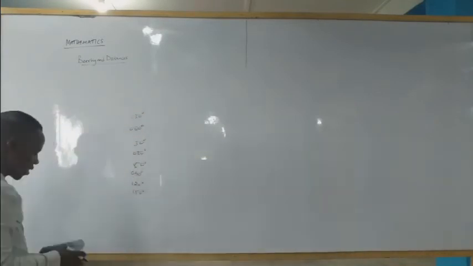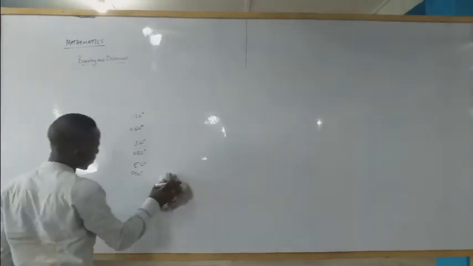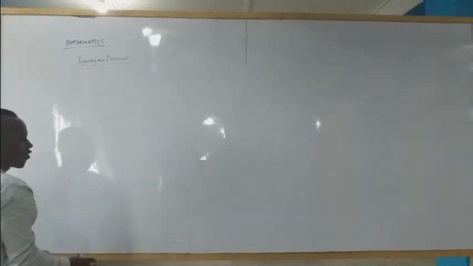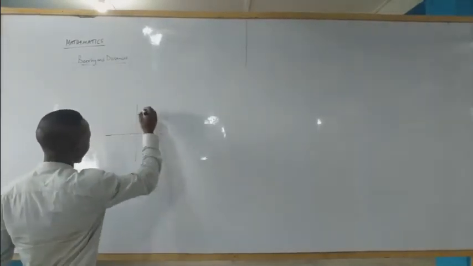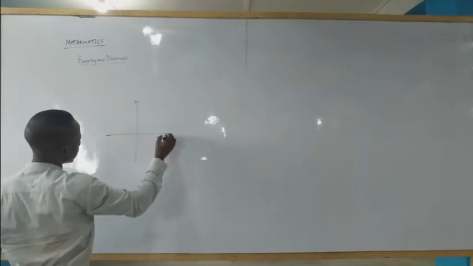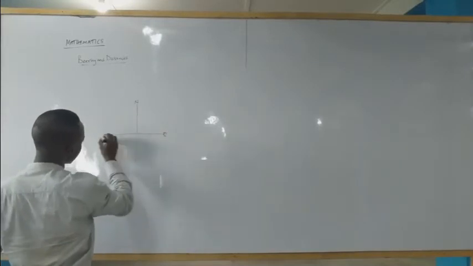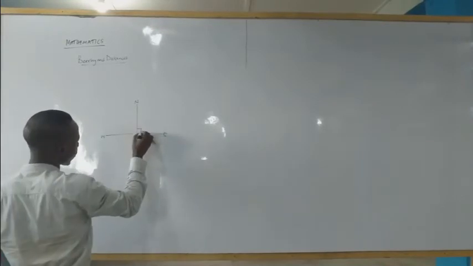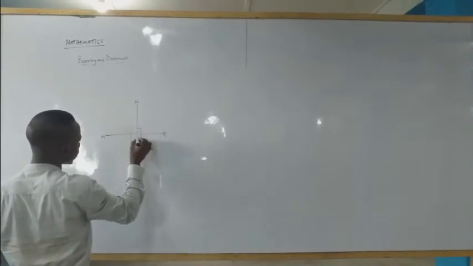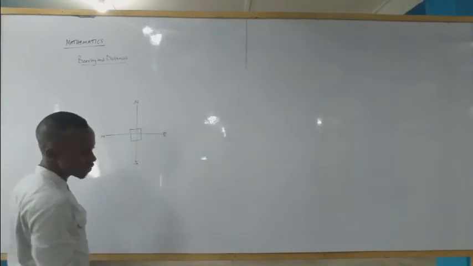Like we all know, there are 4 quadrants: north, east, west, and south. On all these quadrants, we have an angle of 90 degrees each.